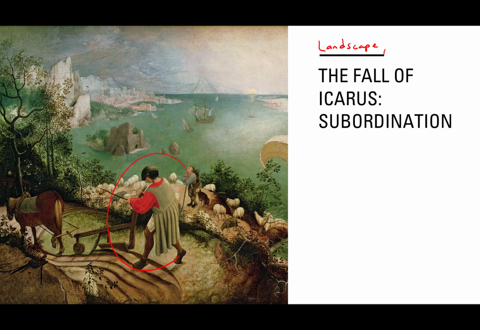Because of position, size and color, this farmer here with his red shirt stands out. He's larger, he's center, he's forward of everyone else. We have the depth created because of position. So you have a lot of different elements of focal point going on here all at once.